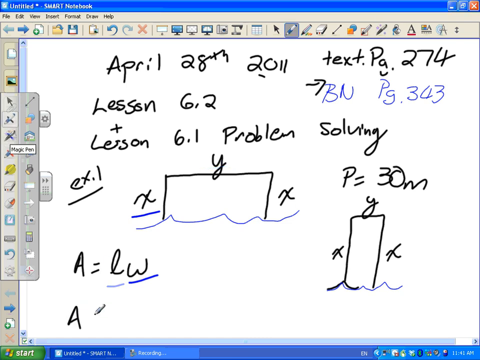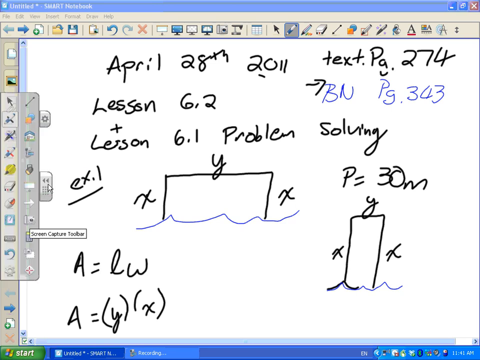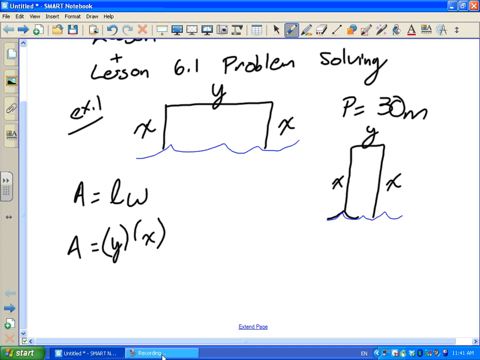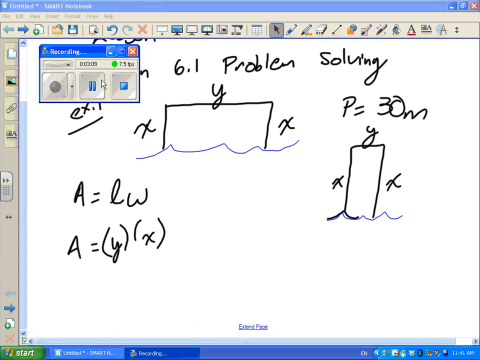Our area is going to be equal to Y multiplied by X. Okay, so we have our area here, and we have our perimeter.